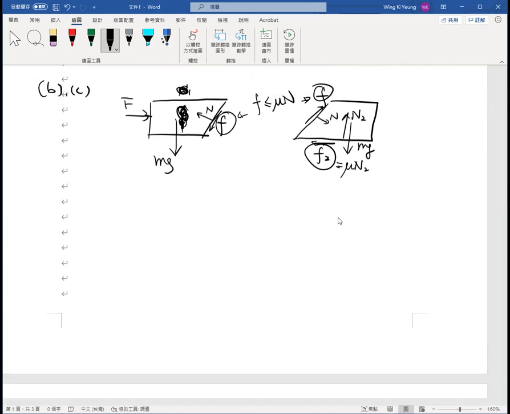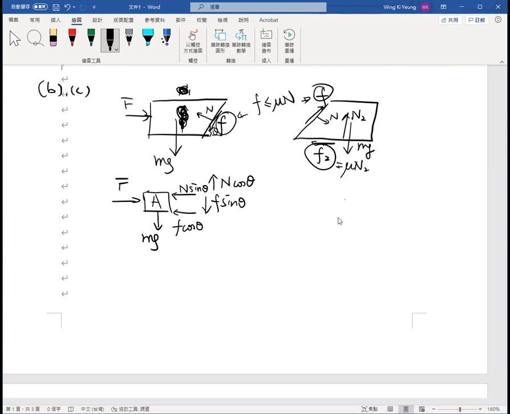Then I try to decompose all the forces along the horizontal and vertical. For object A, I just make it simpler by drawing a rectangle. So F, mg, and then this is theta, this is theta. For friction, the horizontal component will be F cosine theta. The vertical component will be downwards F sine theta. Then for the normal force, to the left is N sine theta, upwards is N cosine theta.